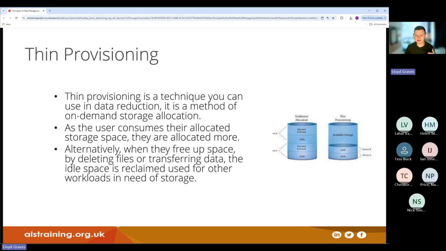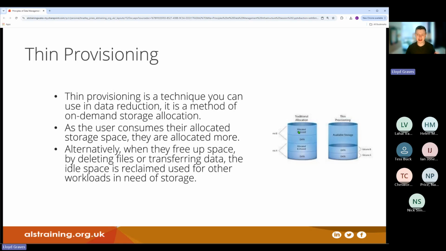Like I say, most people are familiar with the idea because they've used something similar, maybe on their phone. And the image shows there with traditional allocation, we get our data in there, and then these are allocated and unused.